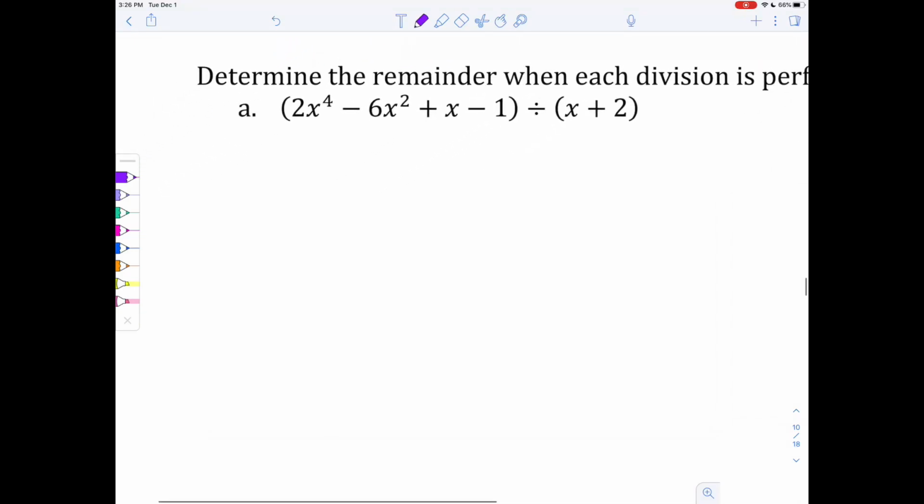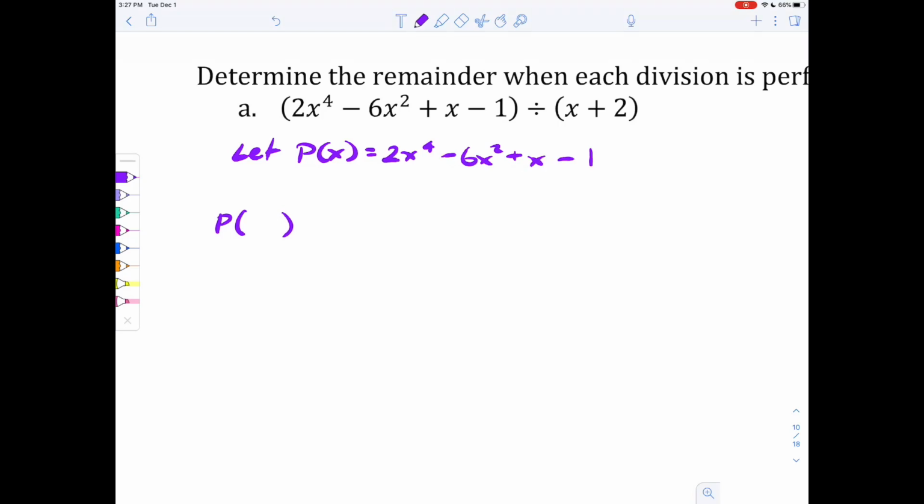Now in doing this, I'm just going to use a quick let statement, because we can't just say p of negative 2 equals something. There's no p defined here. We should say let p of x be the dividend, 2x to the 4 minus 6x squared plus x minus 1. If we do that, then we can talk about the polynomial and what we're subbing into it.